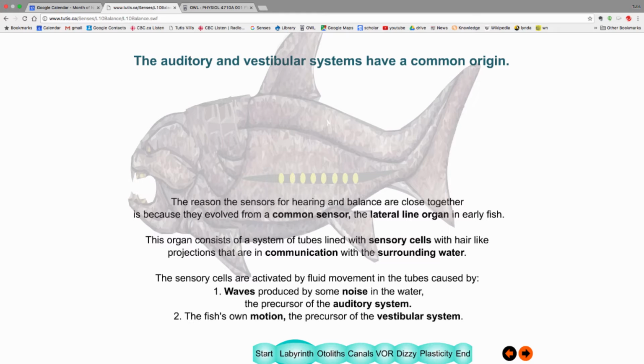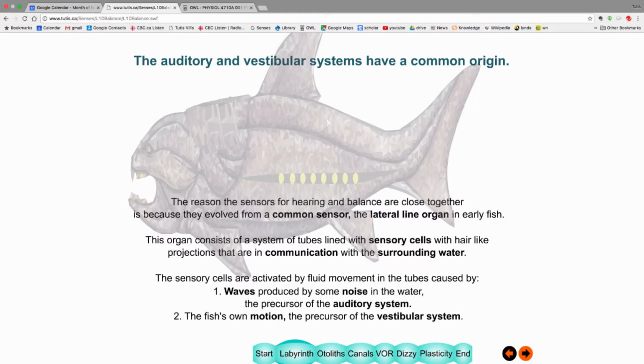And inside the tubes, again, you find the hair cells that you find in your own ears. And these hair cells are connected to neurons, and they transmit stuff from the outside water.